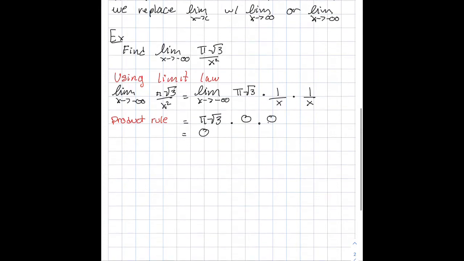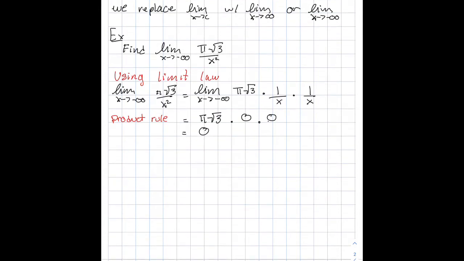Well, we also had a fun limit law that dealt with rational functions. Remember, rational or quotient functions is a polynomial divided by another polynomial or a function divided by another function. Can we apply that, the top divided by the bottom?